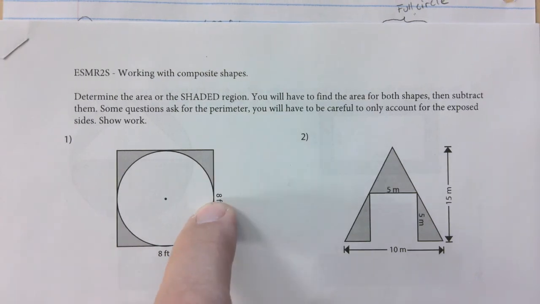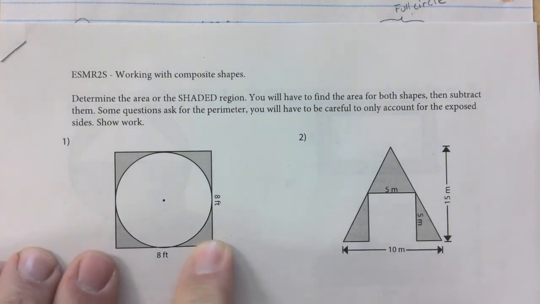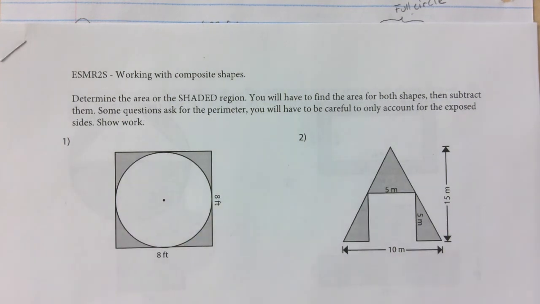So if you didn't get it, it's right there where the yellow formula sheet is sticking out, that stack of papers there. So you work on this. This is a mix between adding and subtracting for areas, as well as, pay attention, some have perimeter and some only have areas. So you got to watch out for that, okay?